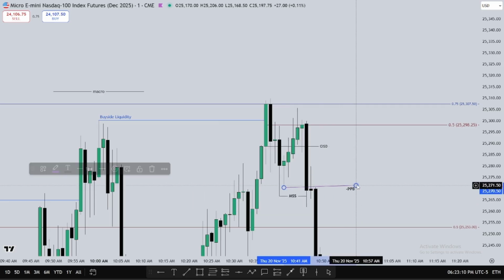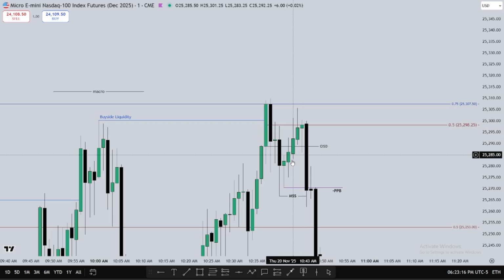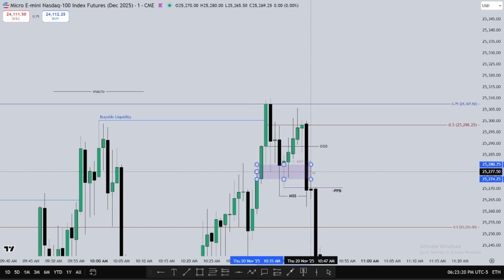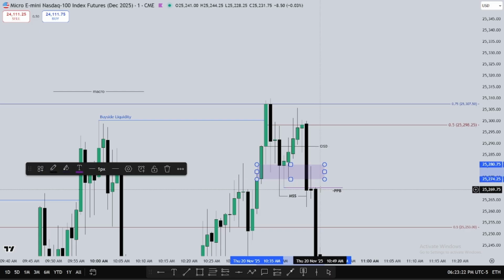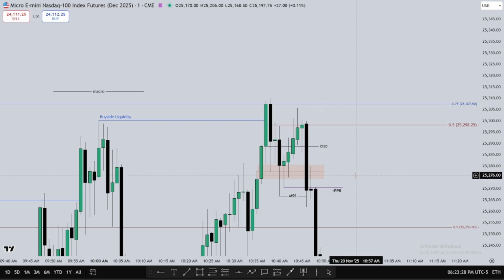That being said, I'm seeing this as my bearish propulsion block, these up close candles. Using this as my high probability inversion fair value gap.